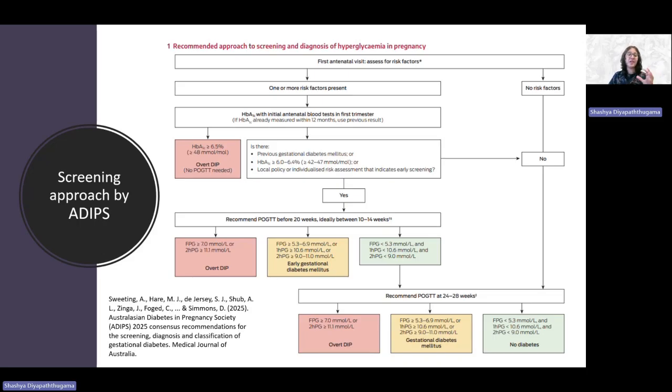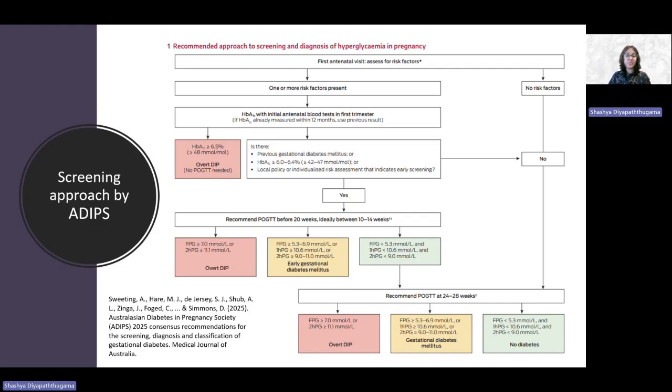You don't have to do an oral glucose tolerance test further; that's overt diabetes in pregnancy. There could be another group of people who have the risk factors, but their HbA1c values are normal. Then they are not having GDM, or they could still have previous gestational diabetes mellitus.